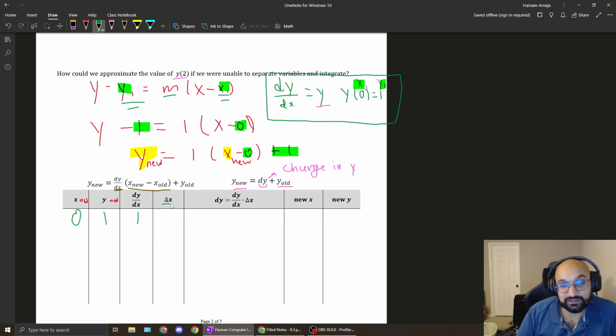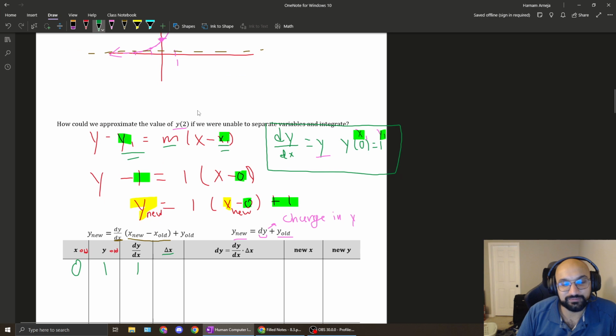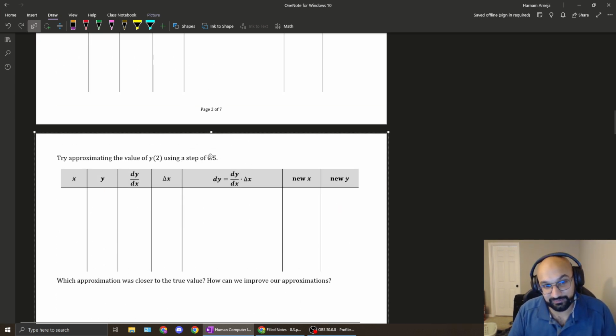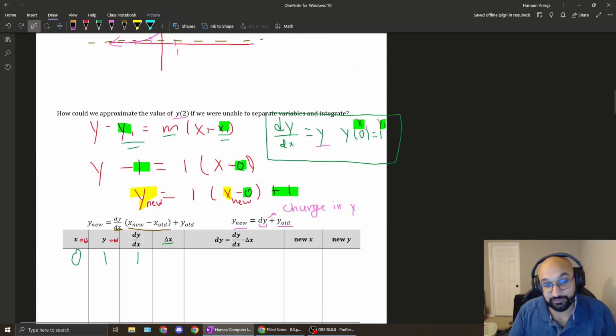Delta x, we get to pick delta x, or it's assigned to us in the problem. One thing that's kind of strange about this problem is delta x is not given. So I'm just going to invent one. Because the next one says with 0.5, I'm just going to start with 1. So we can have the actual next example. So we could say delta x equals 1.